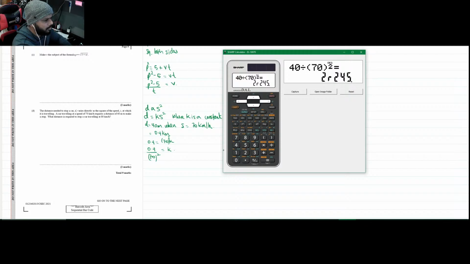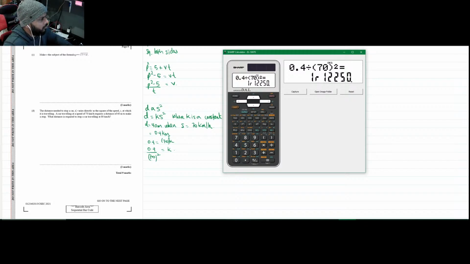Directly proportional to the square of the speed at which it is traveling. I'm just checking something here, right? Divided by 70 squared. Nah, I don't think that's it.